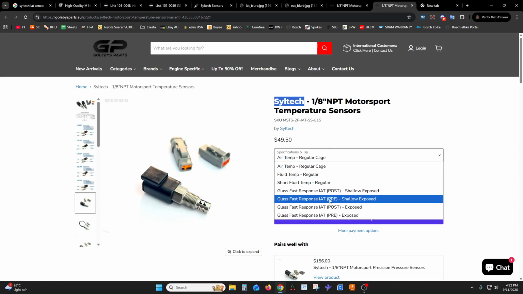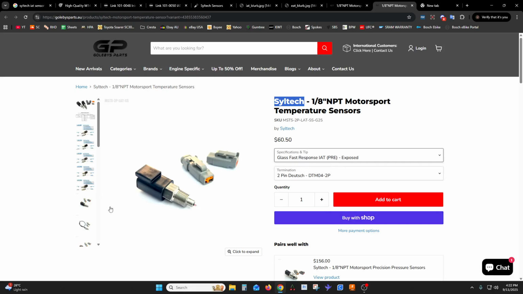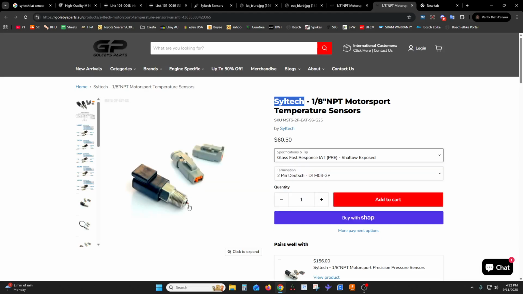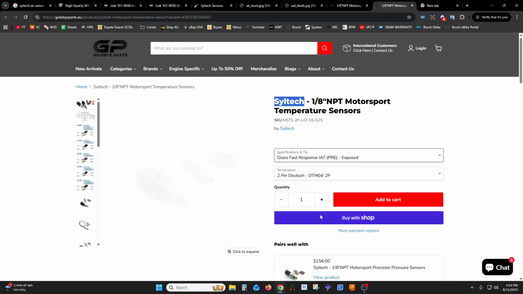So see how this says IAT Pre and IAT Pre. Exposed has a sticky out bit, and shallow exposed doesn't stick out that much. The reason you choose each different one is dependent on how far this threads into the boss that you weld on your intercooler pipe. So I think the one I'm going to go for is this one.